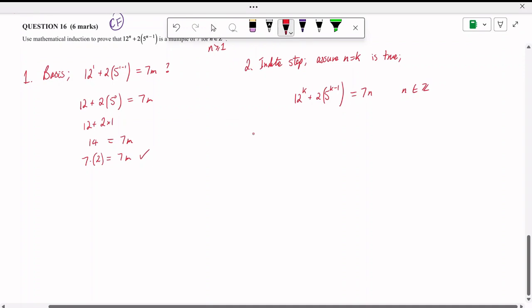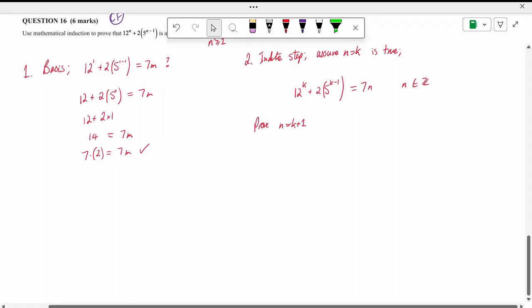Then I'm going to prove n equals k plus 1. So once again, I'm going to substitute my k plus 1 for anywhere that I see an n. And it's still got to be a multiple of 7.